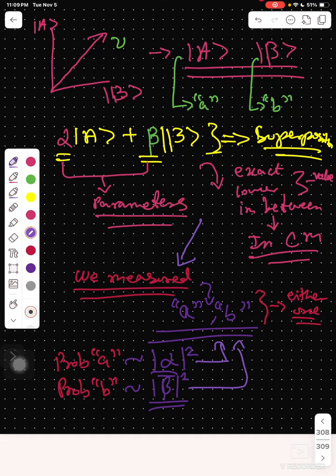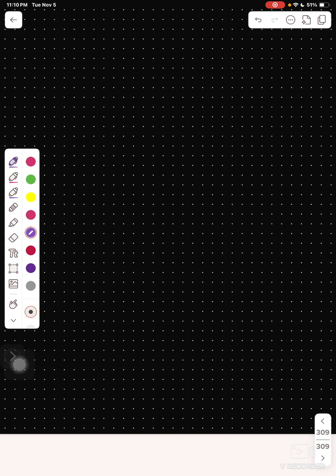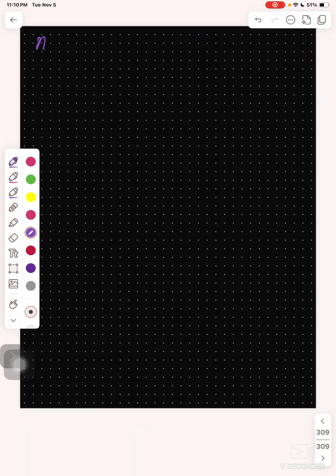That can be known as decoherence: there are changes in the environment, and that causes the quantum wave function to break.